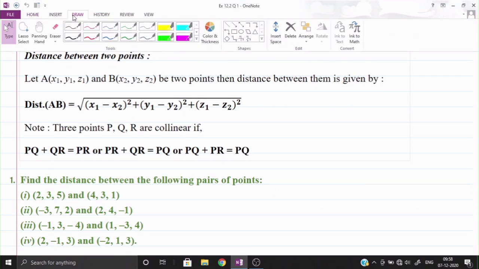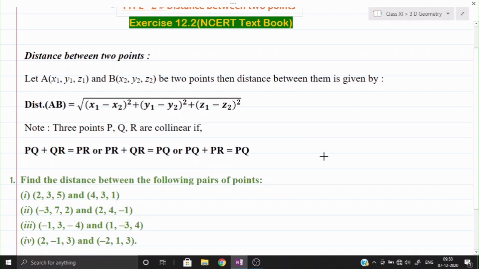PQ plus QR is equal to PR, where PQ is the distance from P to Q. Suppose I draw one line over here and I want to prove that the three points are collinear, and suppose the points are in this sequence: this point is P, this is point Q, and this one is R.